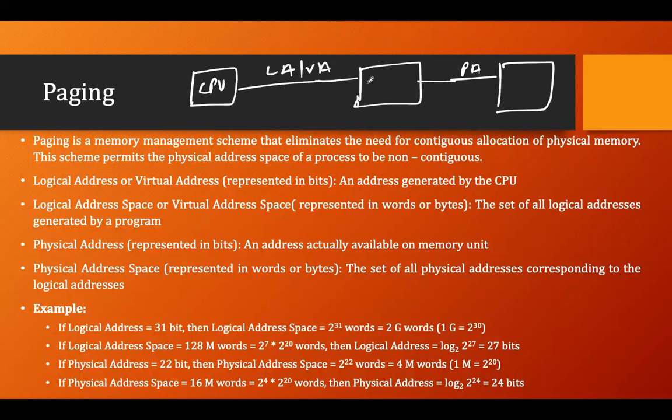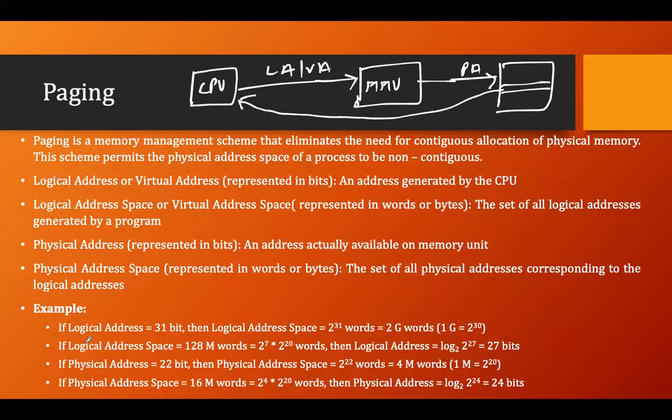That unit is called the memory management unit, which makes the translation from logical address to physical address to get that particular word or instruction required by the CPU, and it will be fetched. This is how the address mapping is done.